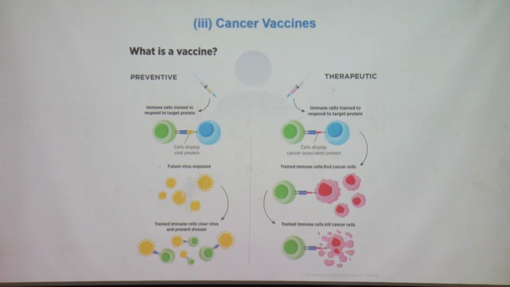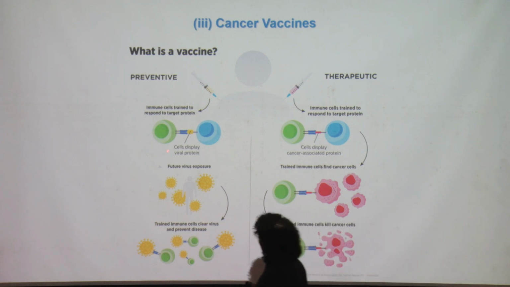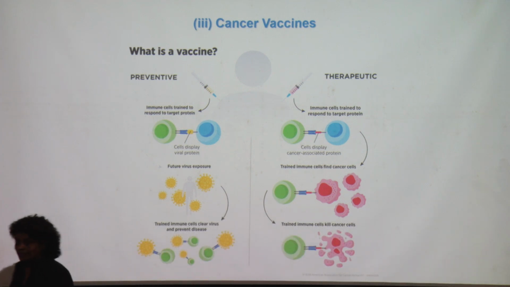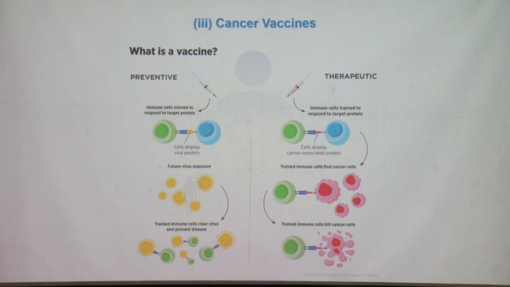So now we look at cancer vaccines. I already told you what a vaccine is. Just to remind you, suppose a virus attacks, and the immune system will react. So what we do is train the immune system by giving just a speck of that virus. That speck cannot cause the disease, but it will activate the immune system.